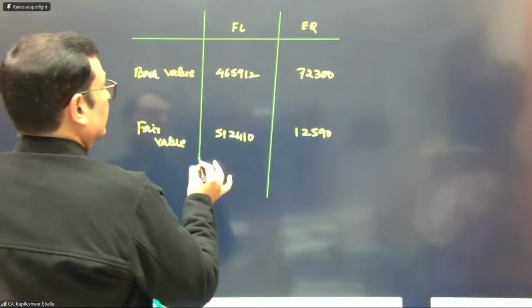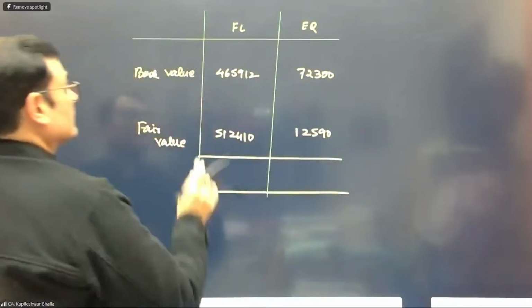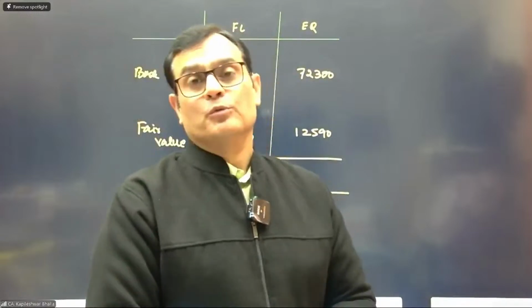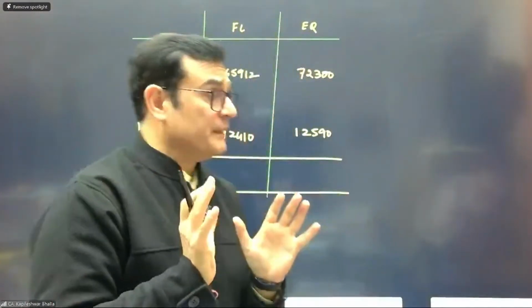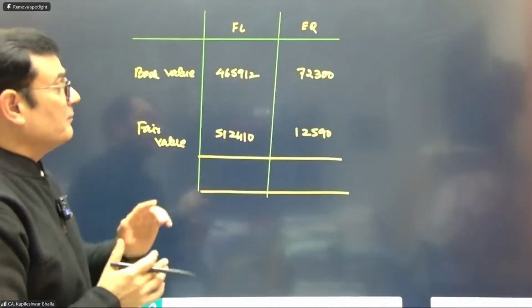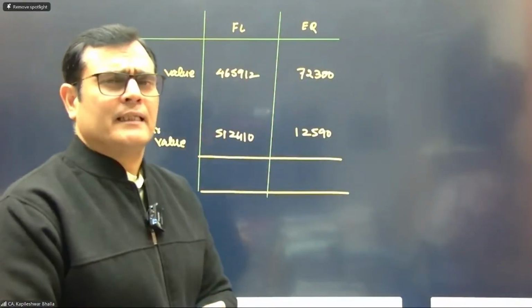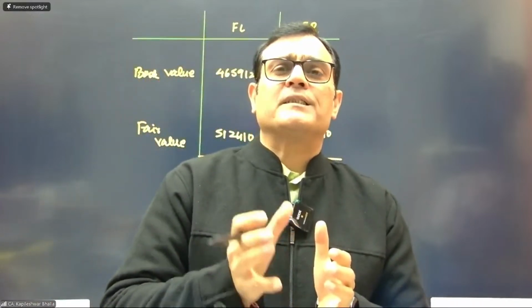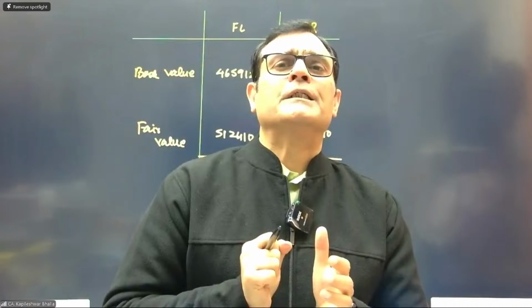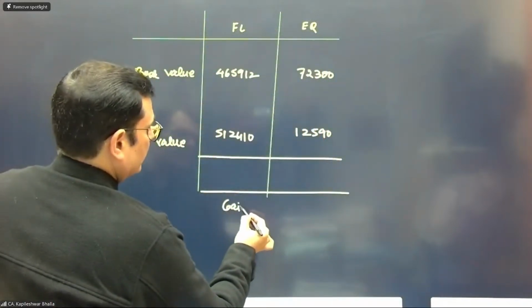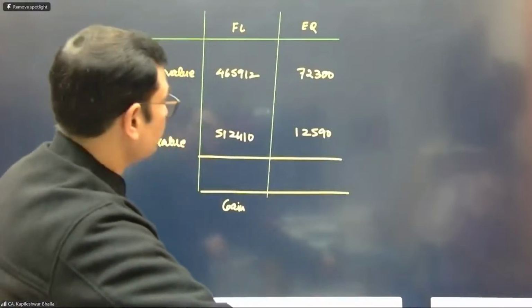So against the book value, there is a certain offer price being given to the debenture holders. If the book value is less and the offer price against that component is greater, can I say this becomes a gain for sure?